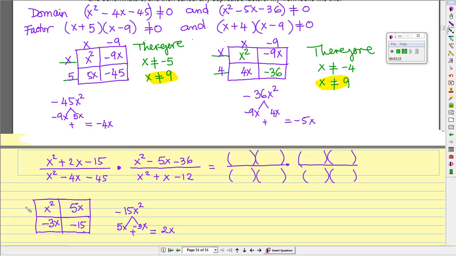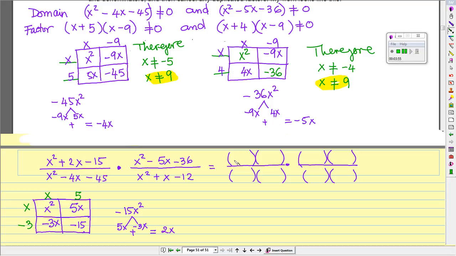For x squared and 5x, the greatest common factor is x. For row 2, negative 3x and negative 15, the greatest common factor is negative 3. Now go to the columns: take the inside term and divide by the term outside. x squared divided by x gives you x, and 5x divided by x gives you 5. Of course, you can check with row number 2, and you should end up with exactly the same quotient.